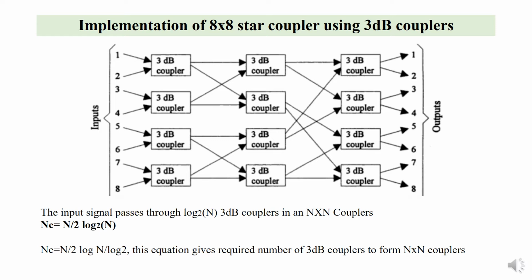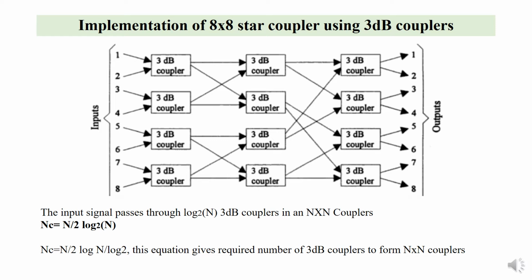Meaning that if you are using 4x4 star couplers, it will divide the power and place 1/4 of power on each output line. So we can see that there are 8 inputs in case of star couplers and we have 8 outputs. So each output will be having 1/8 of the input power.